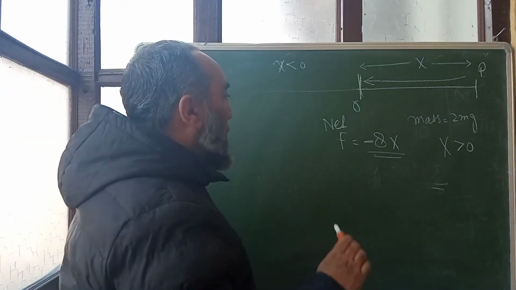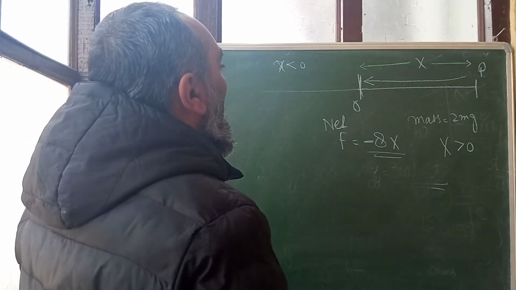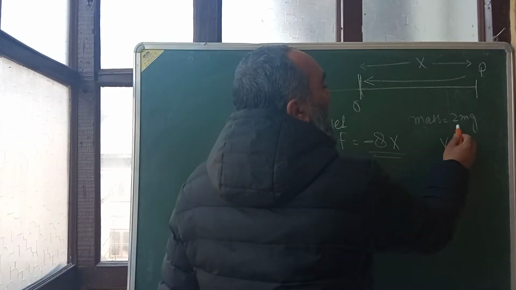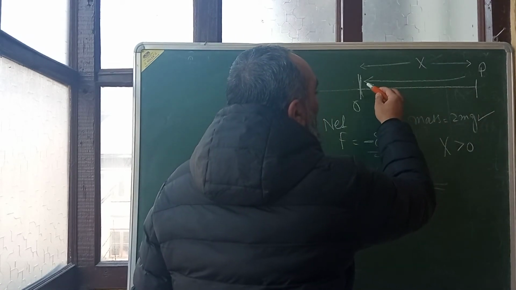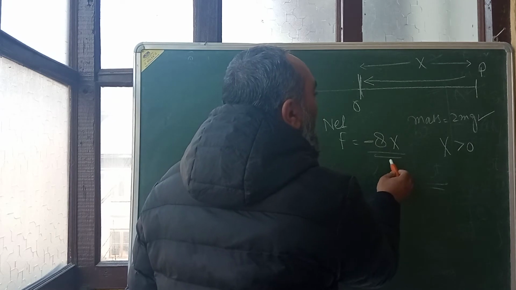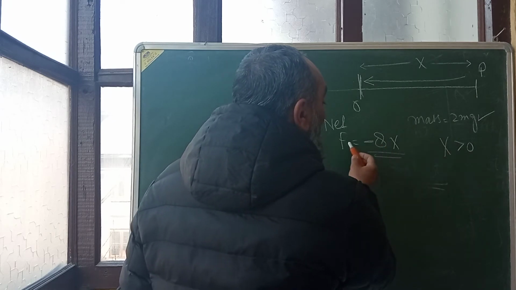So the question is: a particle P of mass 2 m grams moves on the x-axis with a force numerically equal to 8x and is attracted towards the origin.